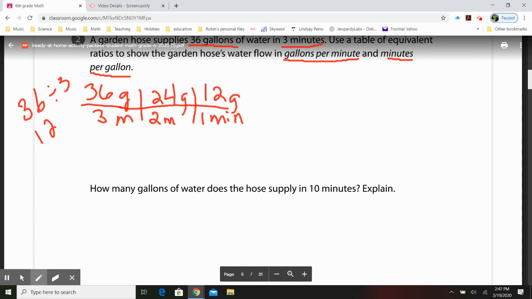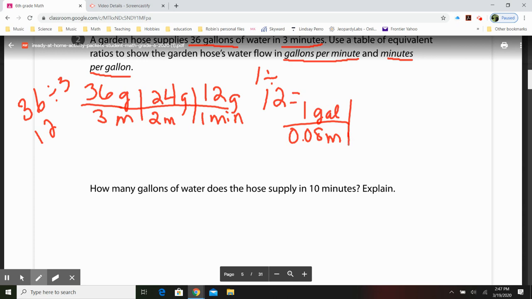And then they want us to flip it around and find out minutes per gallon. So we've got 12 gallons in 1 minute. We want to find out how many minutes it takes for 1 gallon. So for that, you have to do 1 divided by the 12 gallons, which gets you 0.08 minutes for 1 gallon.